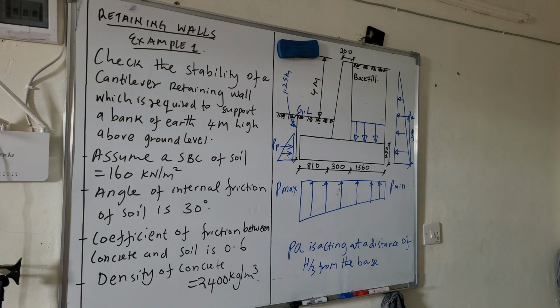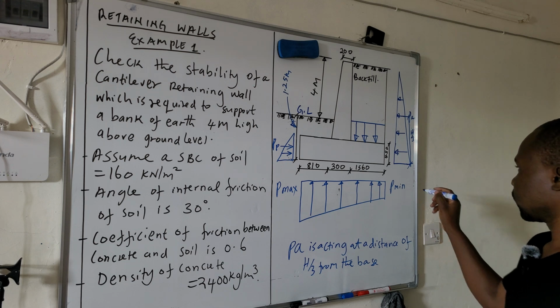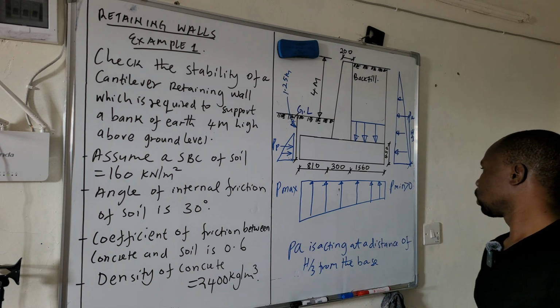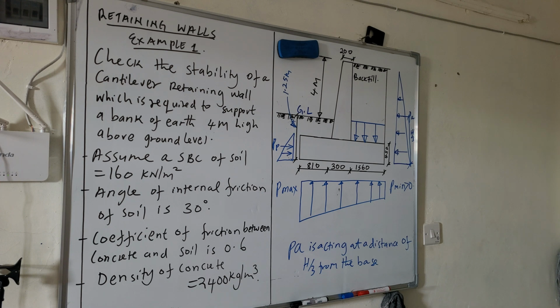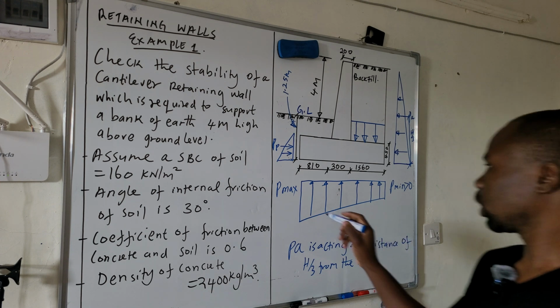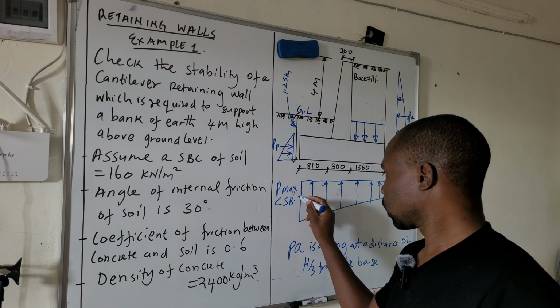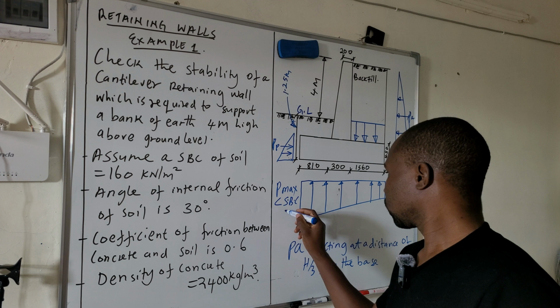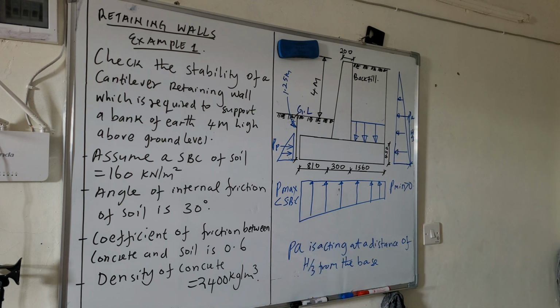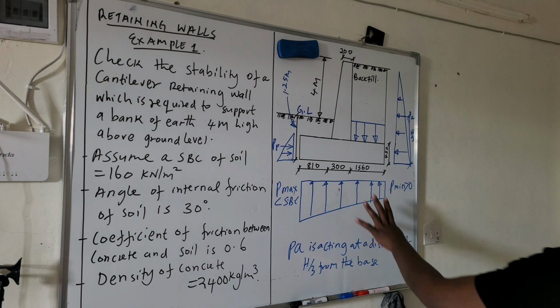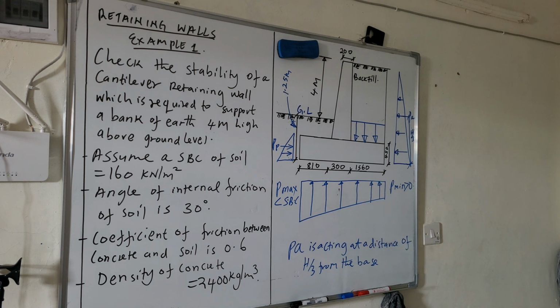Remember, this P minimum must be greater than 0, and P maximum must be less than the safe bearing capacity of the soil. So after identifying this important information, we can start solving this question.